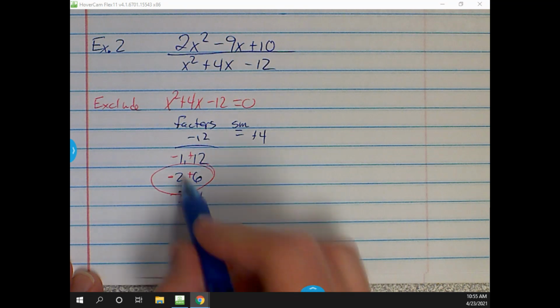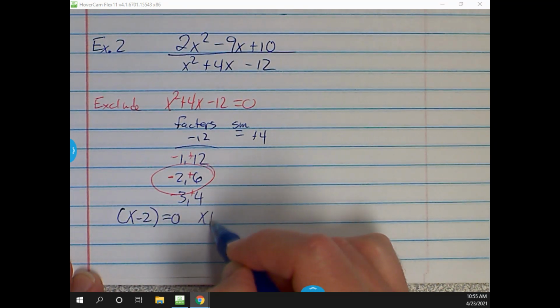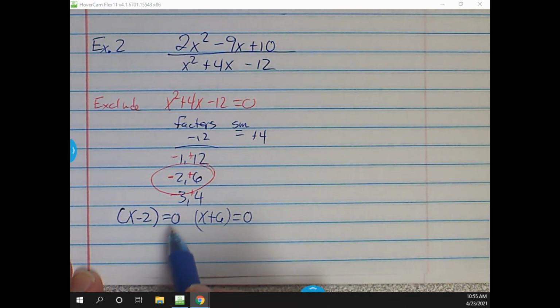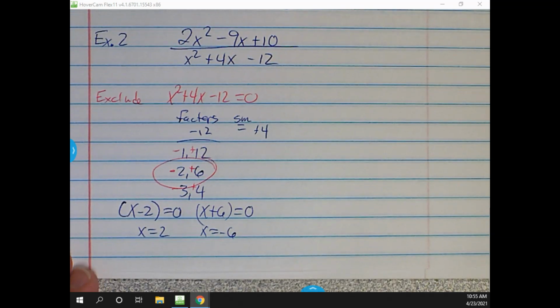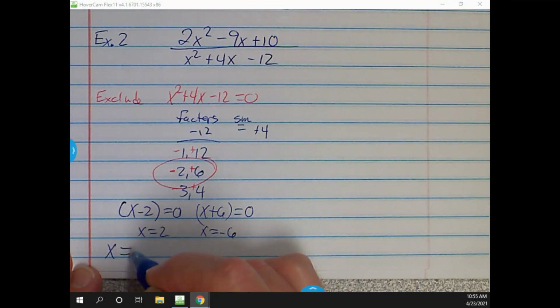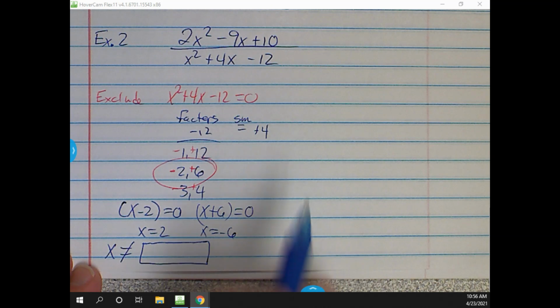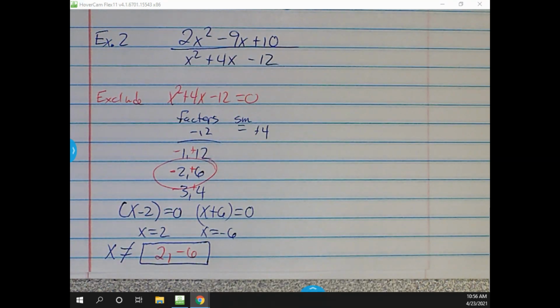Okay, and again, for the excluded values, we're going to set both of those two things equal to 0. This one will add 2, and this one will subtract 6. Okay, so excluded values, that'll put us at 2 and negative 6.